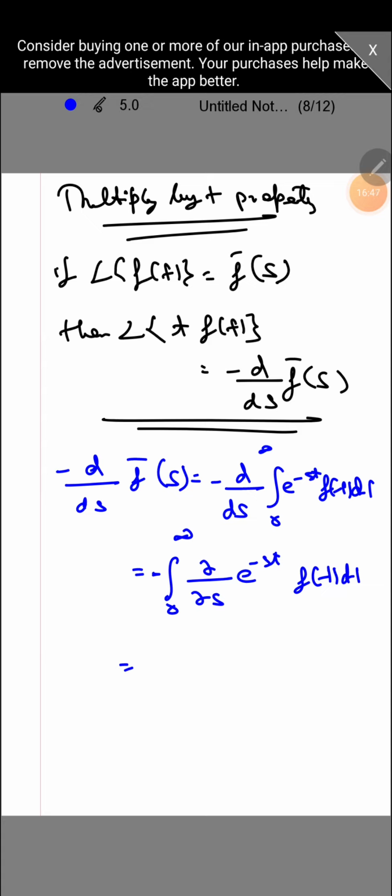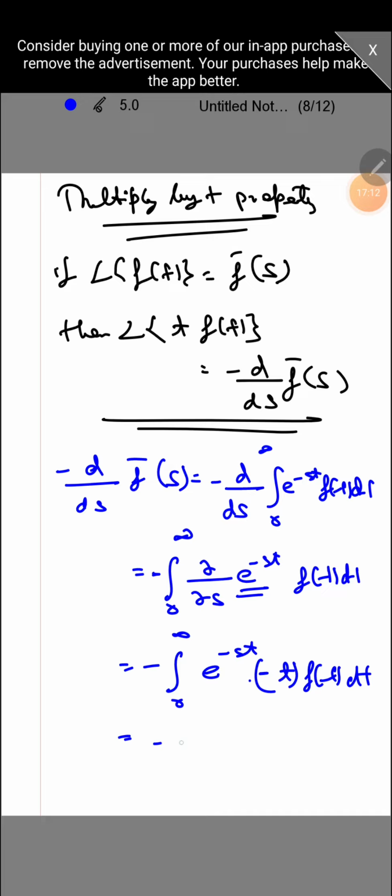So what does this become? When you differentiate e to the power minus st with respect to s, what do you get? You get minus integration 0 to infinity, here you have e to the power minus st times minus t, here you have f(t) dt. Clear?